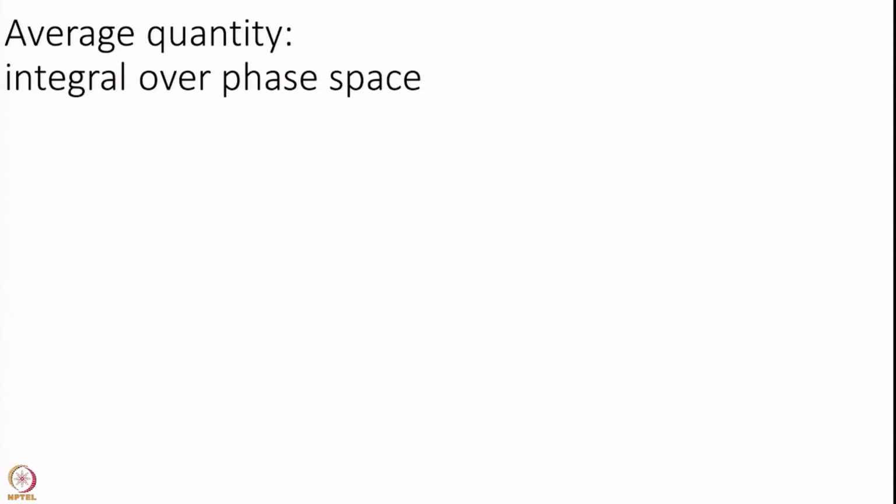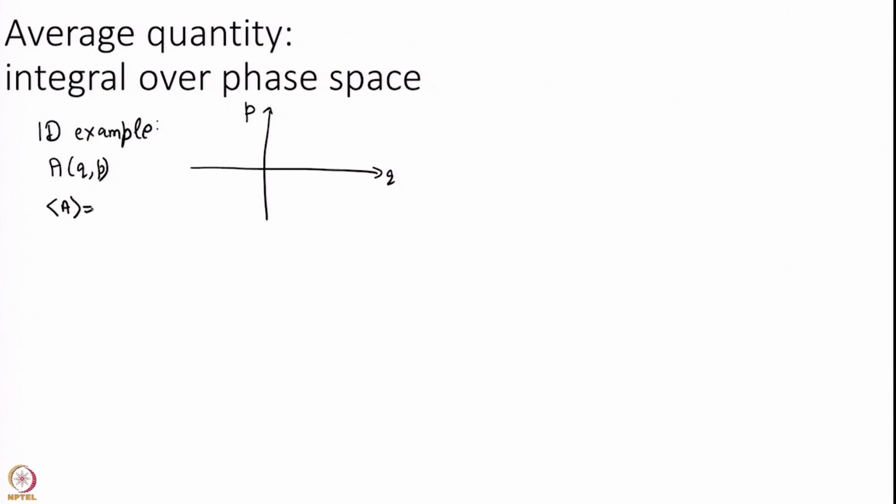So, once more a reminder of our 1D example. I have, let us say, q and p, and I have some quantity, some function A defined over q and p, and I want to find the average of A. What am I going to do? Well, I will integrate over q, I will integrate over p, over all possibilities.